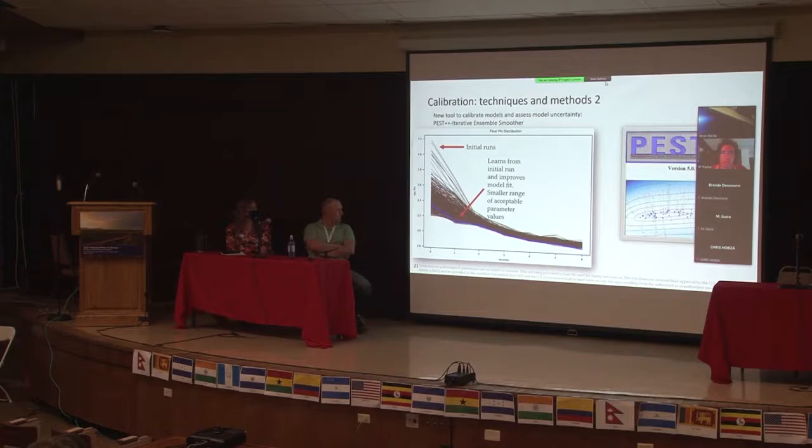IES runs and improves the fit between those and the measured data. You can see the shrinking distribution of those parameter values basically improves the fit to the data on all the model runs. So you actually see the uncertainty of the model results go down as everything tightens up. The blue line is the base run, that's your initial values, and that's the path of the calibration with your initial specified values. And we keep doing this for as many iterations as you want, all the way down to the bottom.